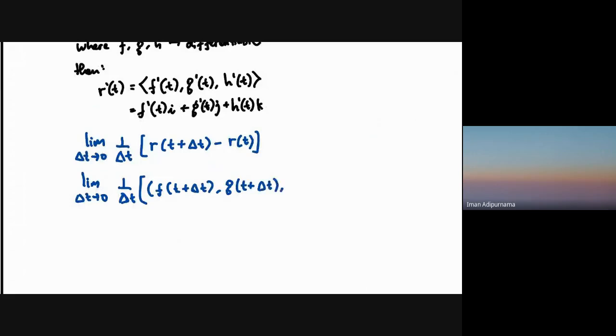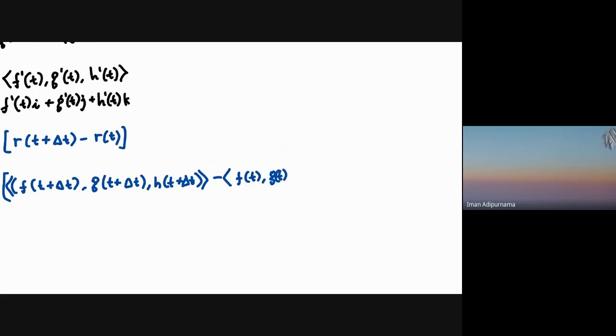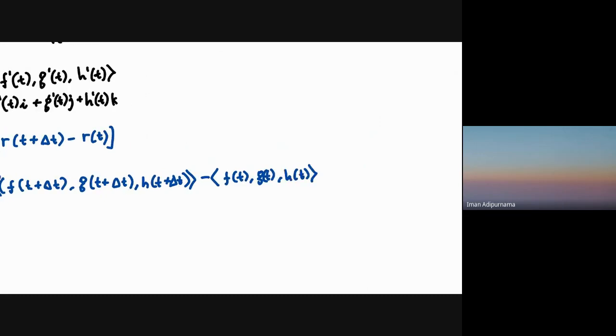So from r we divide to f, and then to g, and then to h. Sorry, this should be that. And minus f, g, and h at t.